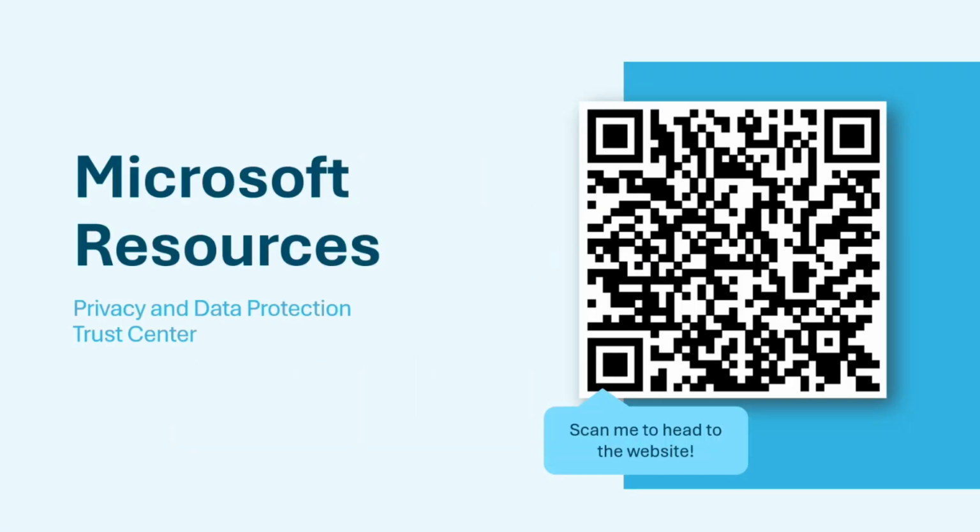This is just a quick link to the Privacy and Data Protection Trust Center. This is where the Foundational Privacy Impact Assessment is located, but it also contains a bunch more documents that may or may not be relevant to the particular products that your organization is using, as well as more global documents.